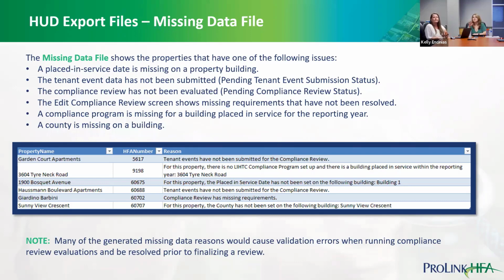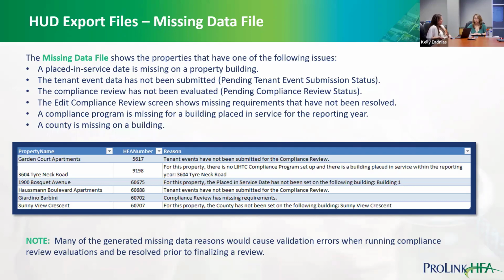Now, pending tenant event submission status: you can't finalize until that's submitted. If you have tenant events and the compliance review hasn't been evaluated and is marked as dirty, as we call it, it will show up on this screen. If you've evaluated but haven't cleaned up the missing requirements, it hasn't truly evaluated.